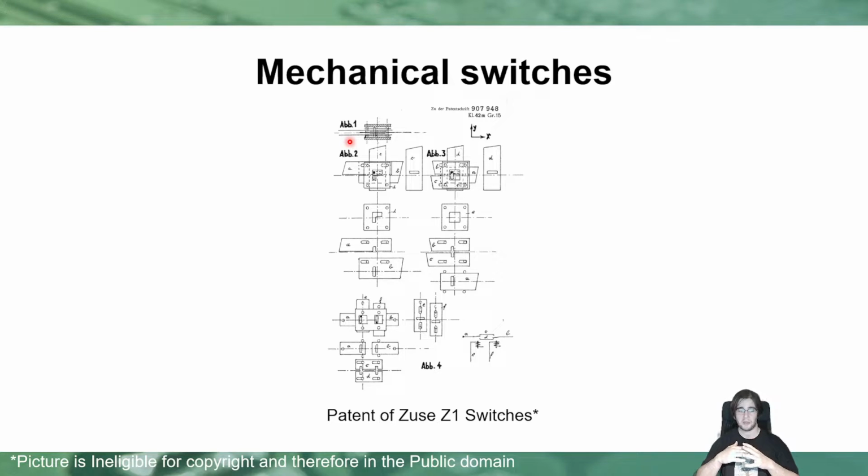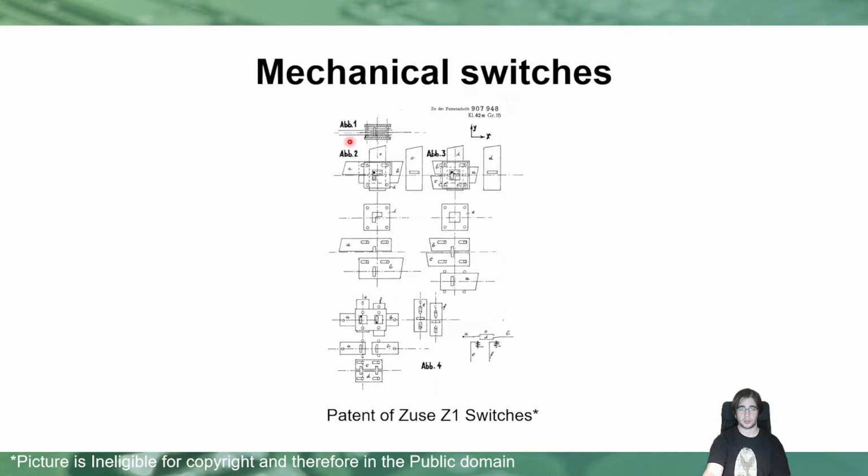You see a little picture of the patent which Zuse used for his Z1. It looks quite complicated. Technically seen, it's just some kind of levers or switches activating other levers and switches. So it's just interconnected levers and switches in a way, which form a whole computer.